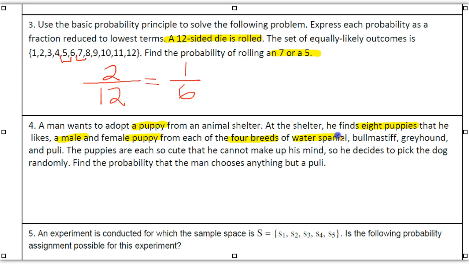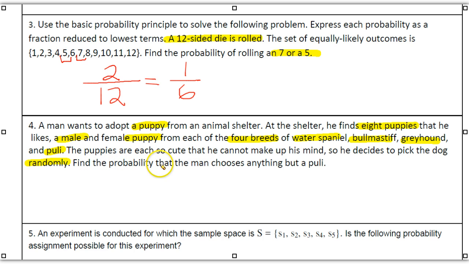We have a spaniel, a bull mastiff, a greyhound, and a pulley. Yet I'm not too familiar with dogs. The puppies are so cute that the person cannot make up their mind, so decides to pick a dog randomly. Okay. I might have to read that again.